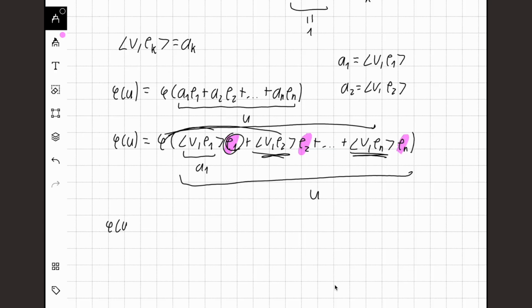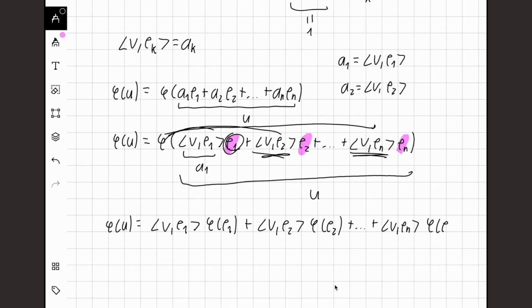So this linear functional on u will leave ⟨v, e1⟩ alone, and it's only gonna act on e1, and then plus it's gonna leave ⟨v, e2⟩ alone, and only act on e2, and then plus all the way to it's gonna leave ⟨v, en⟩ alone, and only act on en.